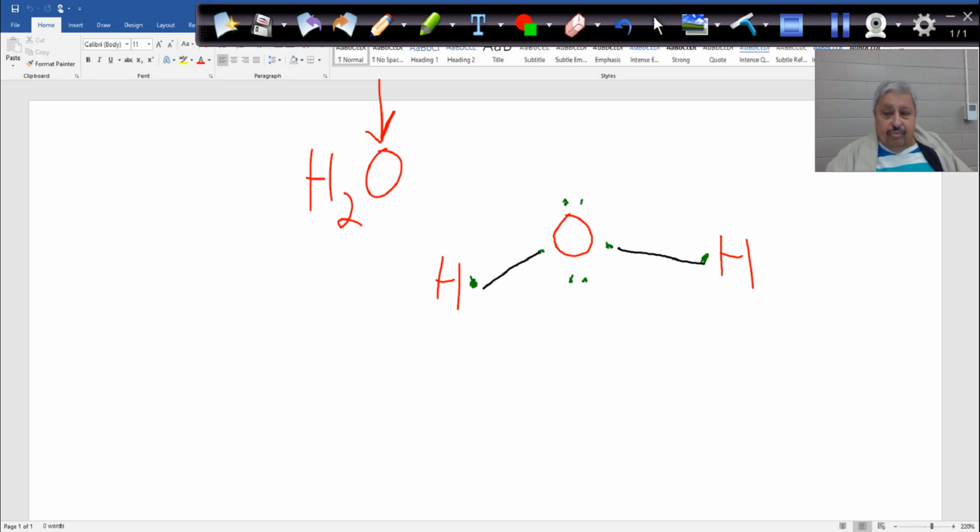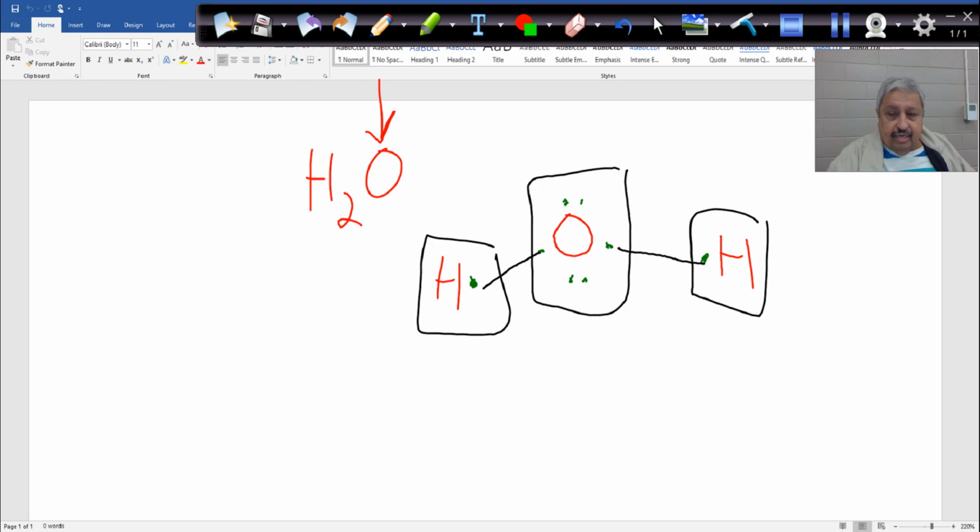Hydrogen is always at the edge, and this is oxygen, correct? Oxygen is the most electronegative atom and has to be at the edge, but this one is an exception to the rule. This is the Lewis dot structure of H2O.